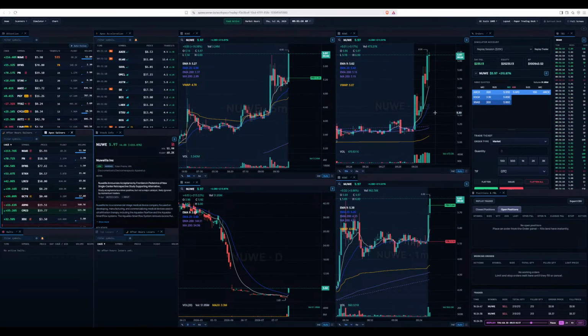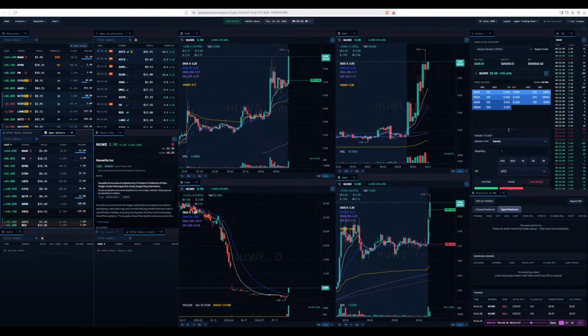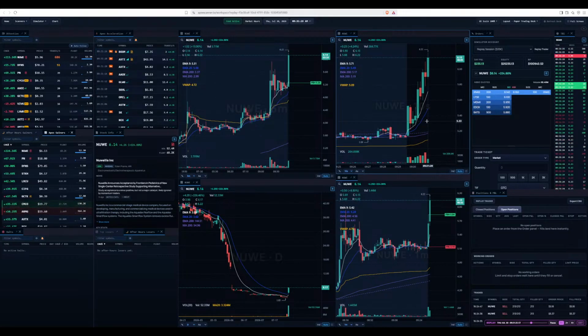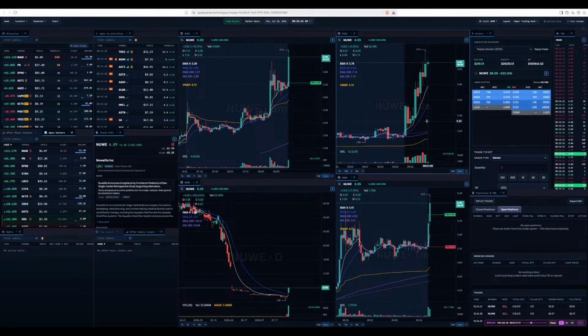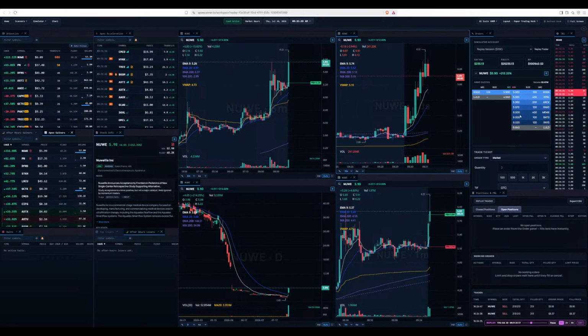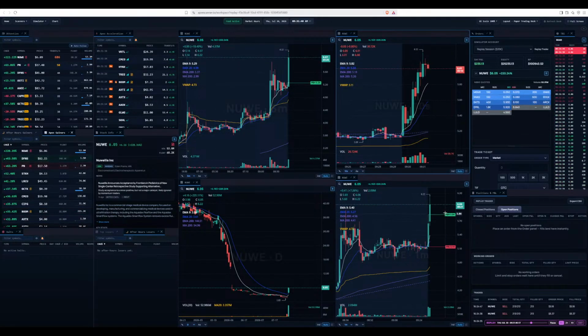Wow, NUWE had some pretty crazy moves to the top. So you can see the halt up band is 6.84. We are at 6.22.